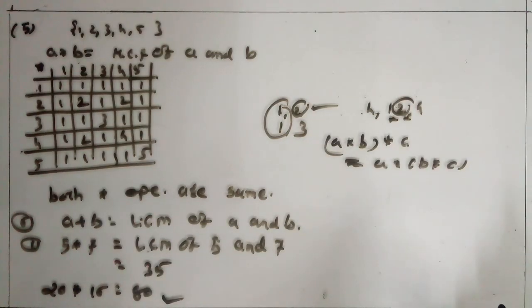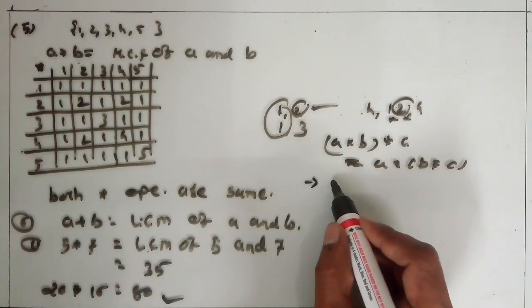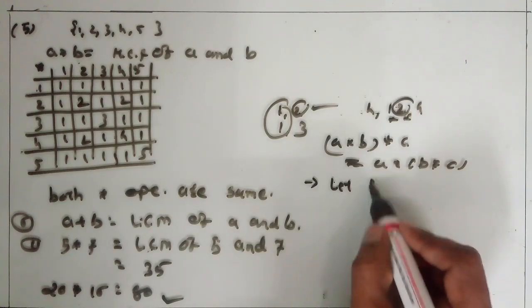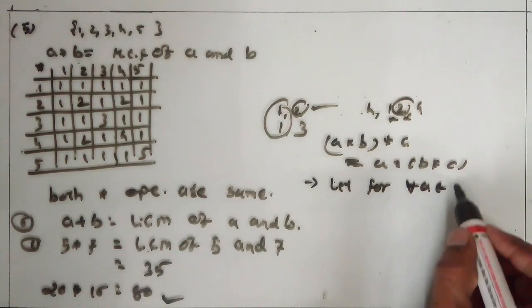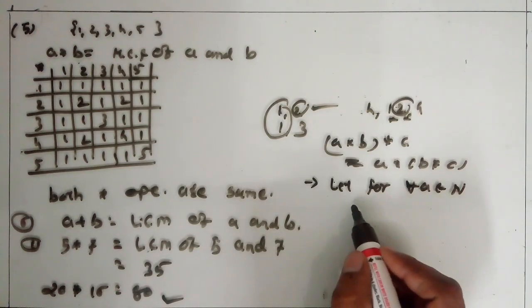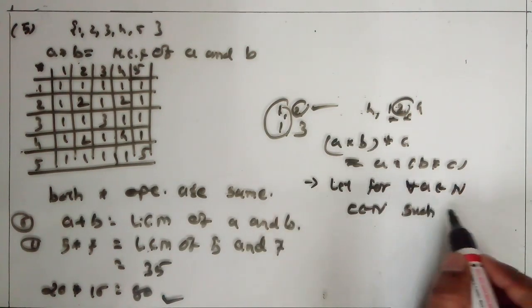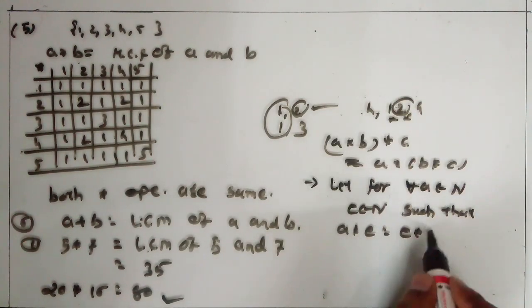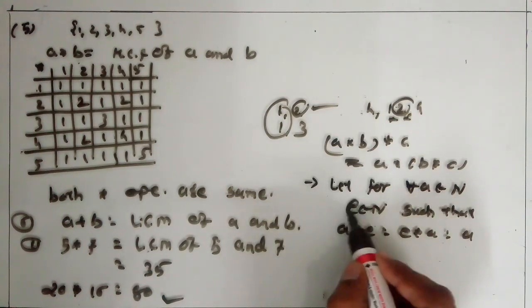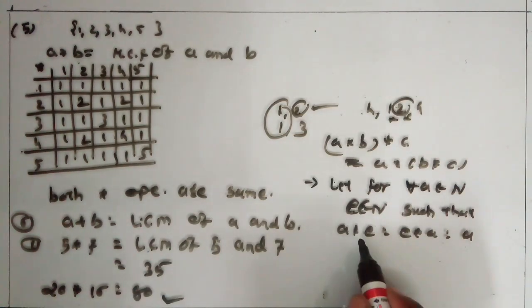Now the identity for this star operation. Let, for all A belonging to the given set N, the set of natural numbers, E belongs to N such that A star E is equal to E star A is equal to A. That means here we select E as the identity, and this is possible only for E equal to 1.